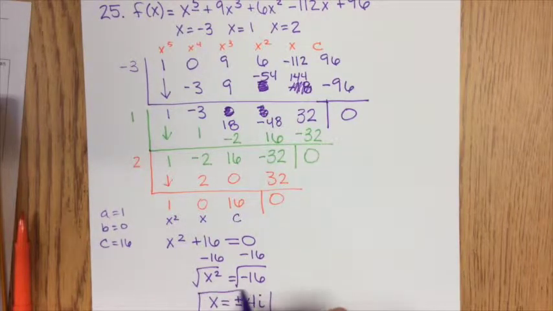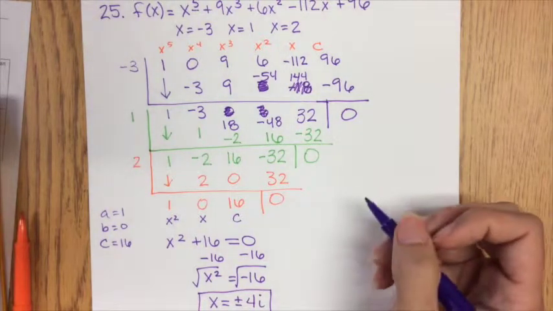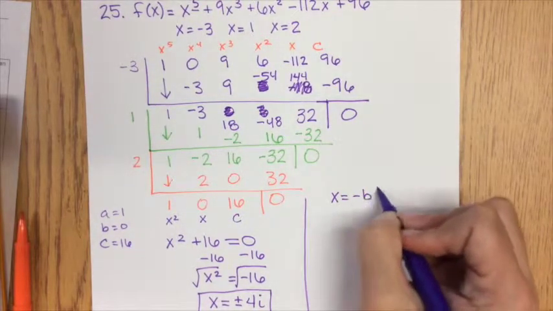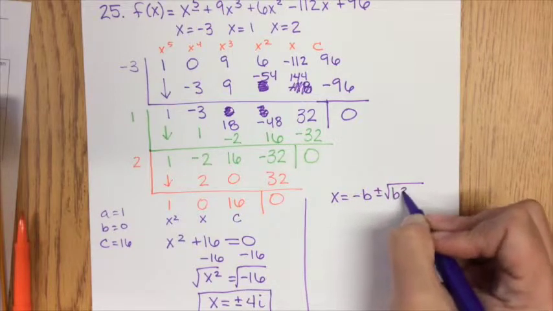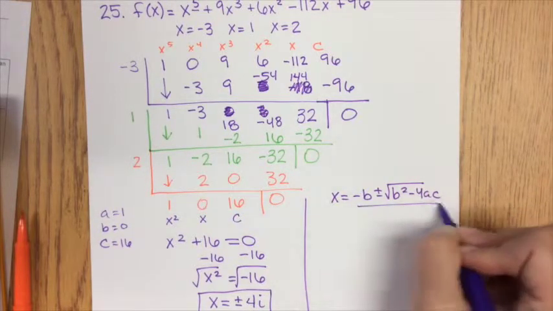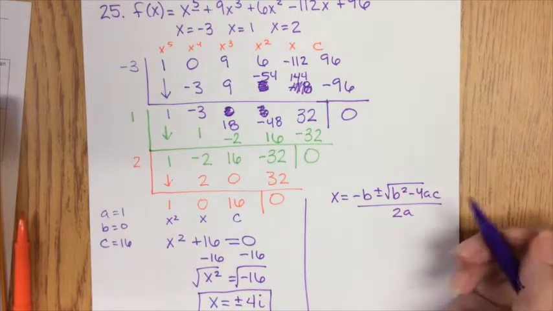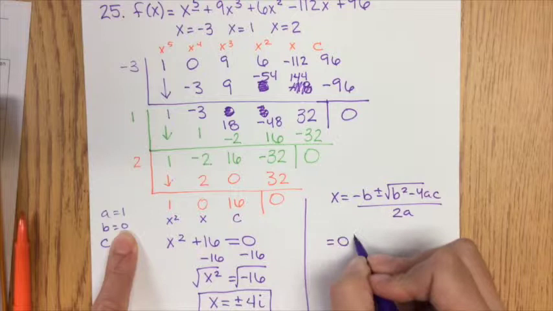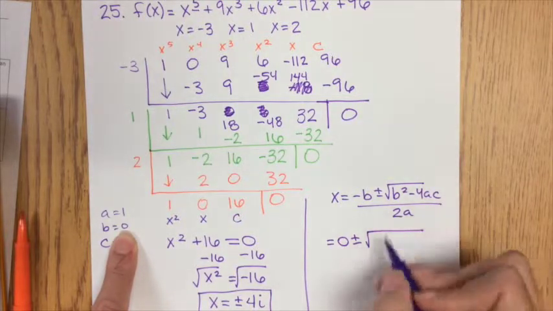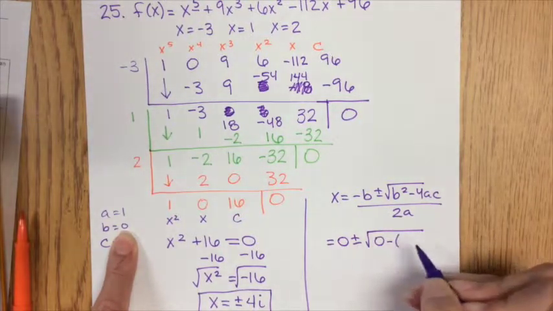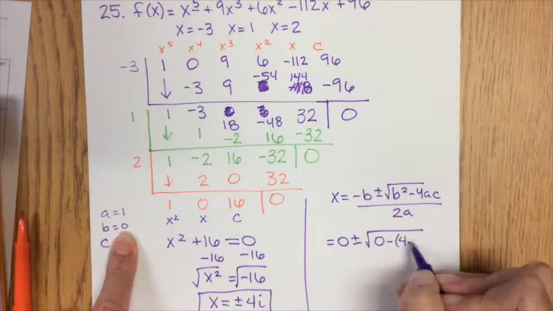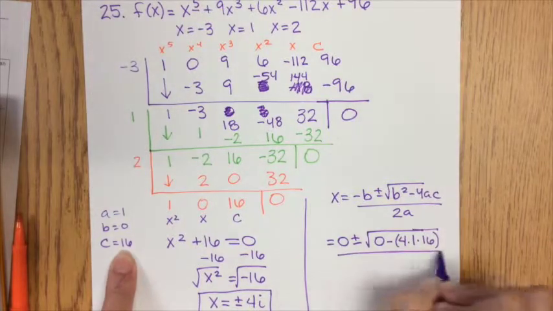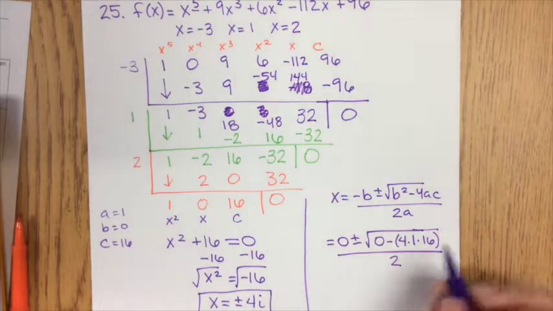Let me show you how to do it with quadratic formula as well. So x equals negative b plus or minus the square root of b squared minus 4ac all over 2a. Our b is 0, so negative b is 0. Plus or minus the square root. 0 squared is 0 minus 4 times A times C, all over 2 times A, or 2.